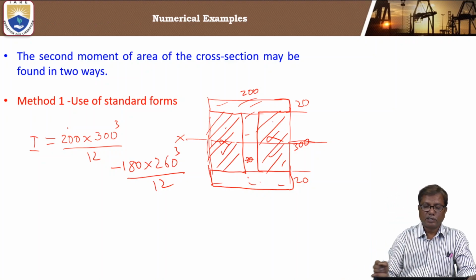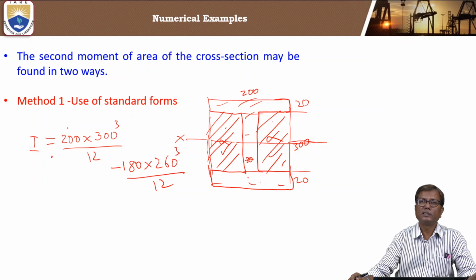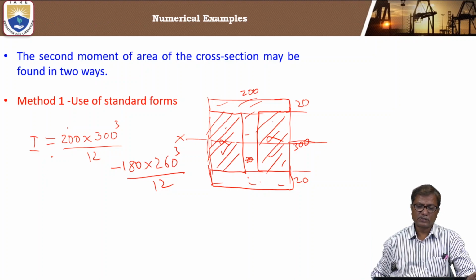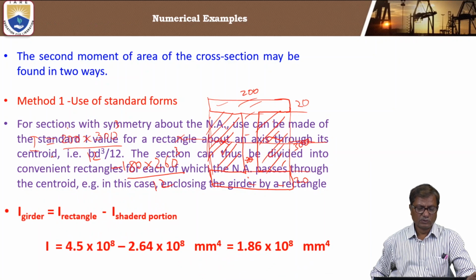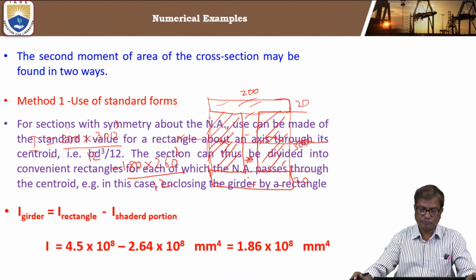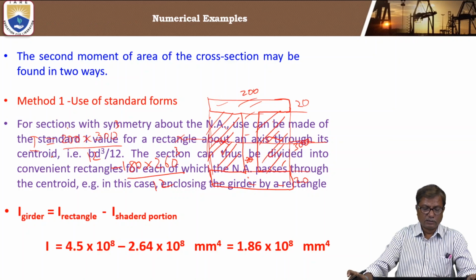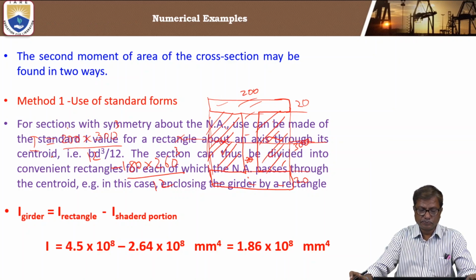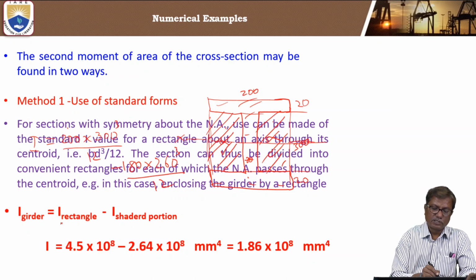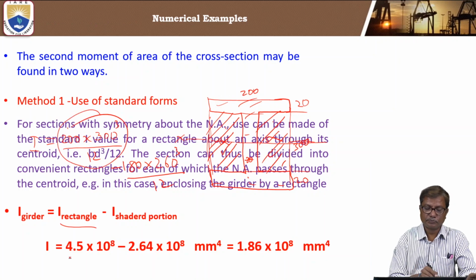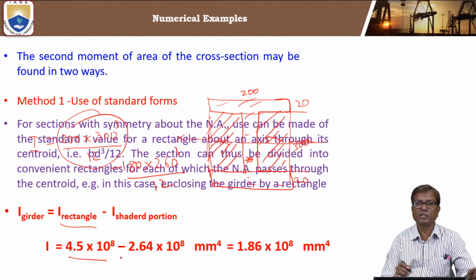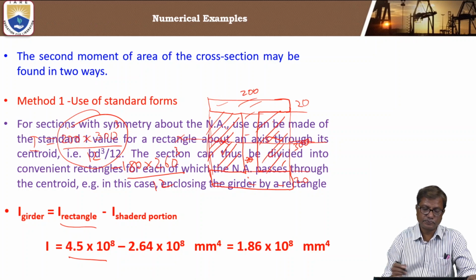So this is the moment of inertia of the I section, and its value is 1.86. The moment of inertia of the rectangle, that is the first one, BD cube by 12, is 4.5 into 10 power 8.